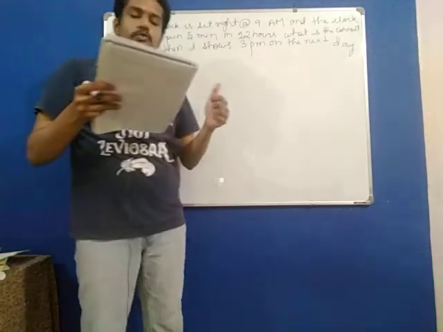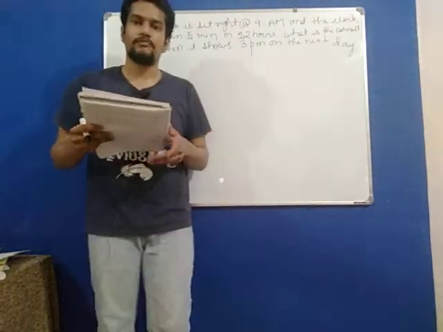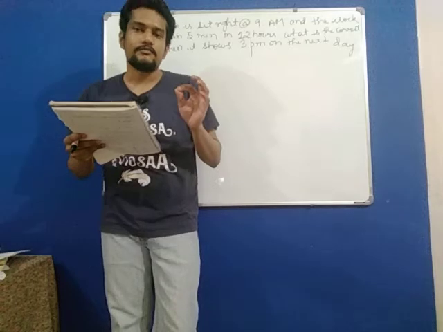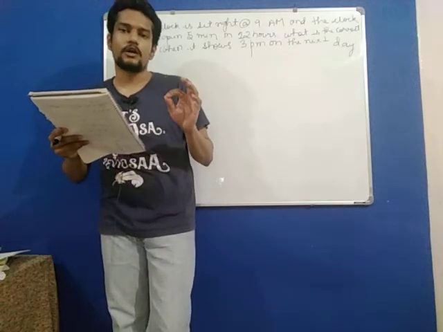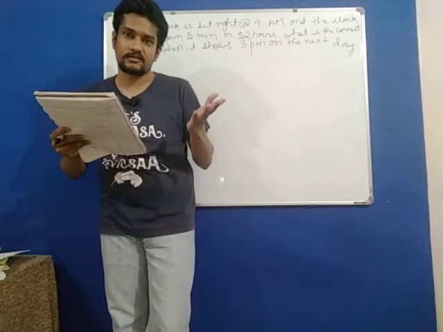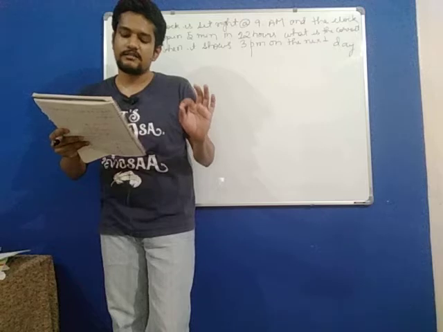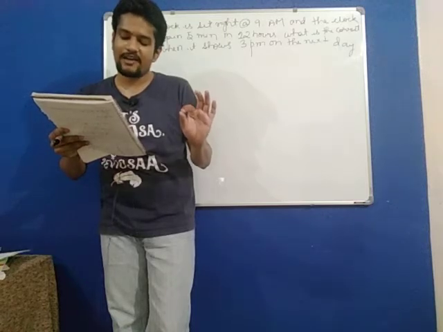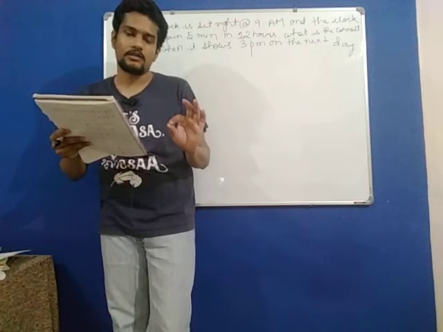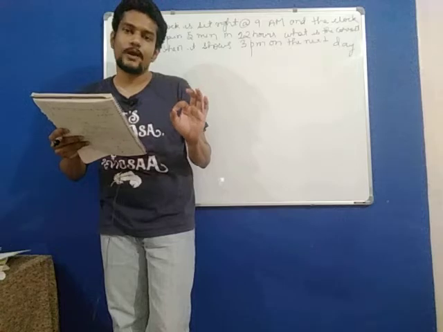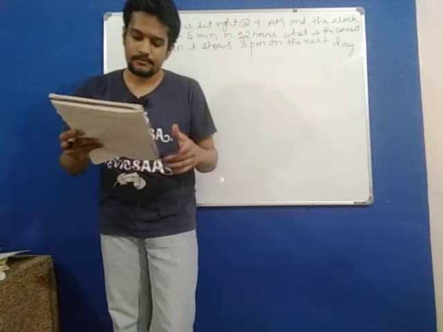Now the concept of doing this particular question is that we have to understand that in every 12 hours the clock is getting 5 minutes faster. So what we can say is that in 12 hours and 5 minutes of incorrect clock will actually be equal to 12 hours of correct clock.